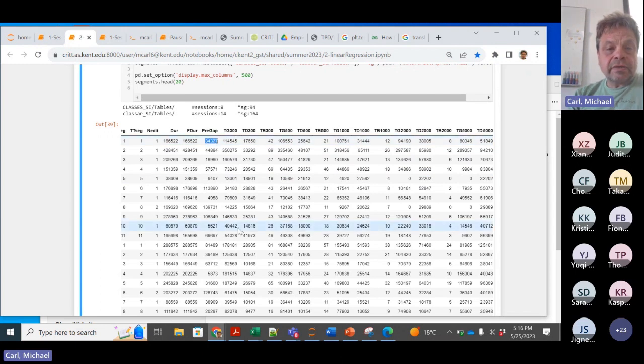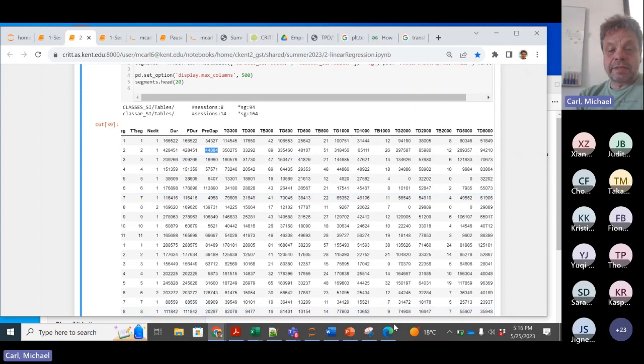And so on. This pre-gap here is the duration before the first keystroke. And the pre-gap in the second segment is the time between the last keystroke of the first segment and the first keystroke in the second segment.